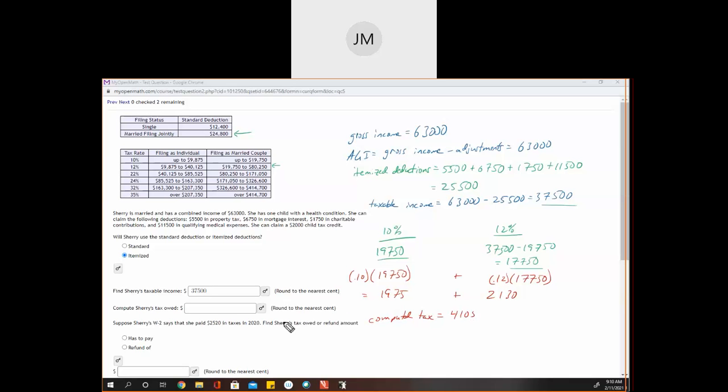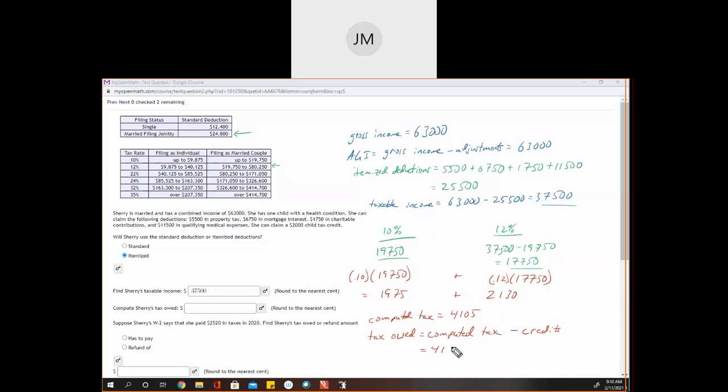The tax owed is the computed tax, and then we take away credits. After we figure out the percentages, that's when we subtract away the credits.